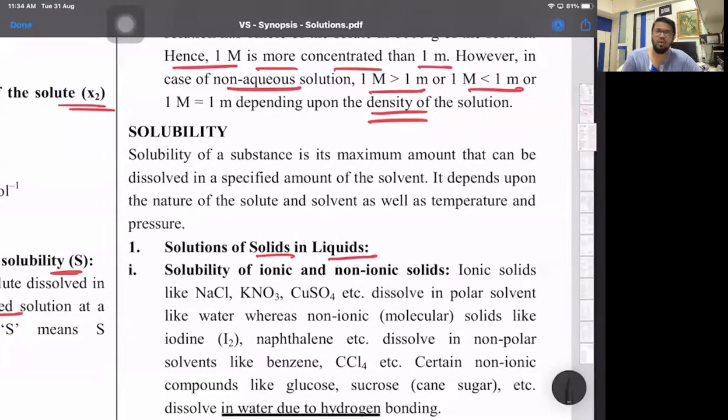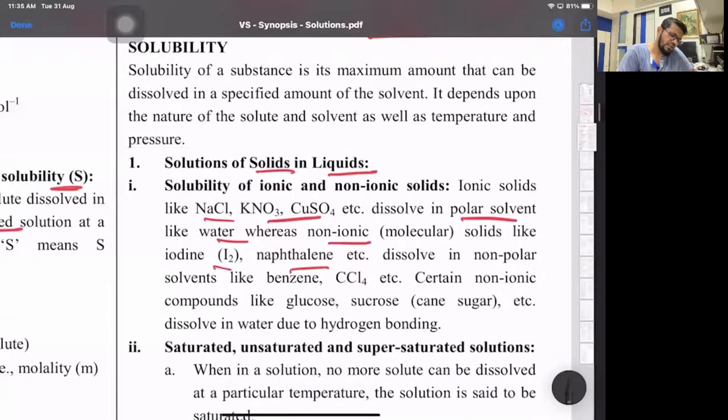So salts, which are ionic compounds, will be soluble in polar solvents like water. Organic compounds will be more soluble in non-polar solvents like benzene, chloroform, acetic acid, etc. So look at that. NaCl, all salts dissolve in polar solvents, whereas non-ionic solids, iodine, naphthalene, dissolve in non-polar solvents.